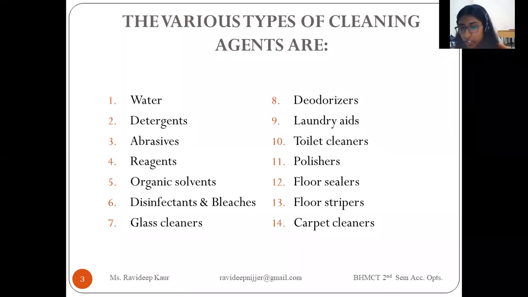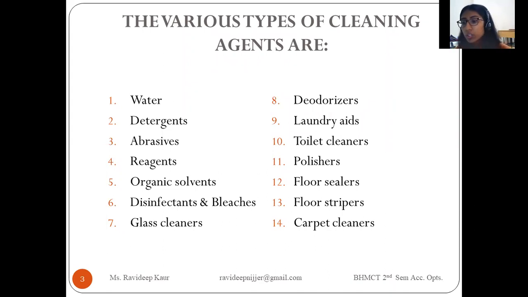Fourth, we have reagents, organic solvents, disinfectants, and bleaches, glass cleaners. Next, deodorizers. Next, we have laundry aids, toilet cleaners, polishers, floor sealers, floor strippers, and last we have carpet cleaner. So these all 14 are the basic and main cleaning agents which help us in the cleaning process.